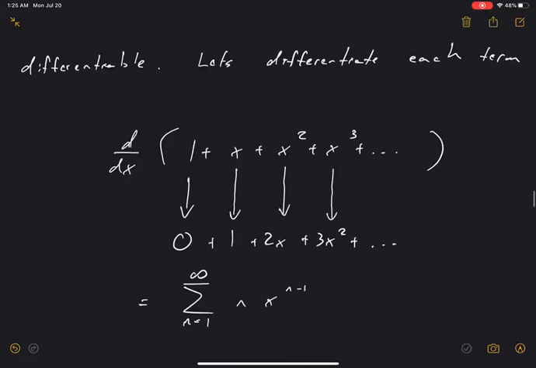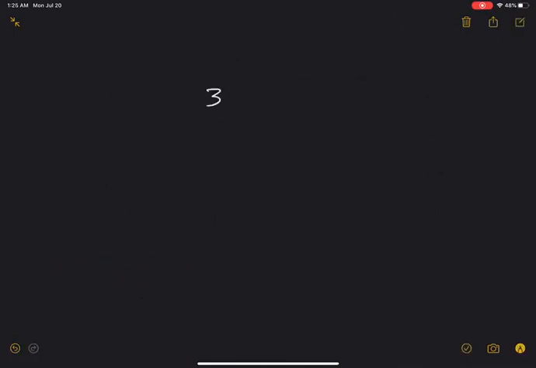So why are we doing this? Remember, if I had a polynomial like 3x squared plus 7x to the 4th plus x to the 5th, and I wanted to take the derivative, it's pretty easy.